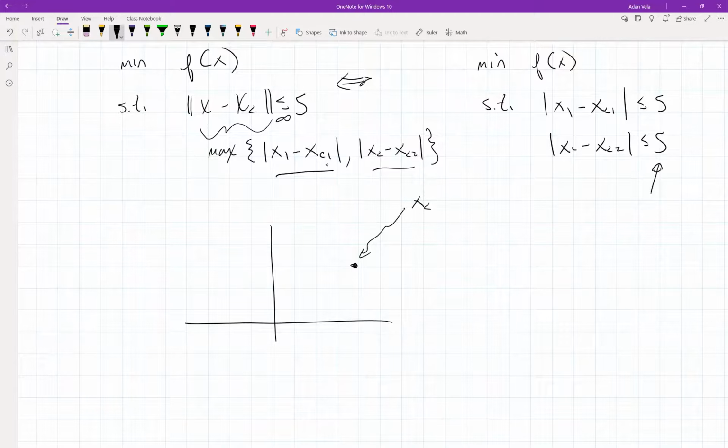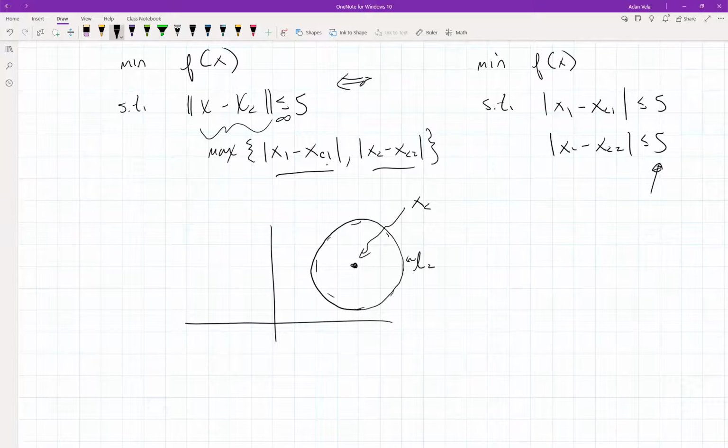But this 5 here still corresponds to the radius. Normally we would say, here goes a circle of radius 2. This would correspond to the L2 norm, but I'm not taking the L2 norm.